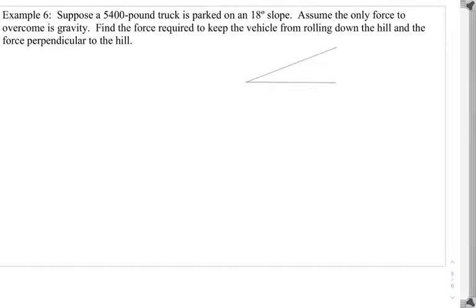So here's our hill with 18 degrees, and I'm just going to draw a dot for the truck. And then there's its force going down. That force would be 0, negative 5,400, and the magnitude there would be 5,400 for the pounds of the truck.